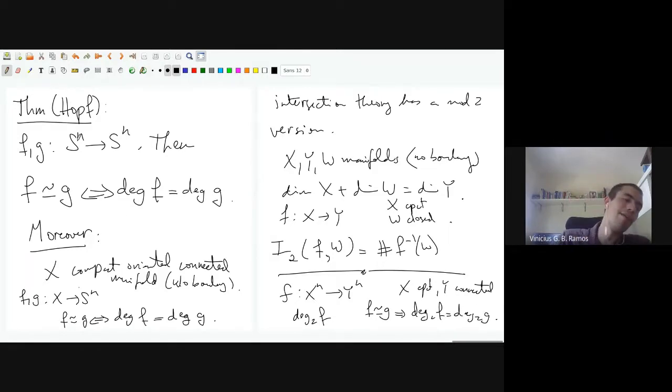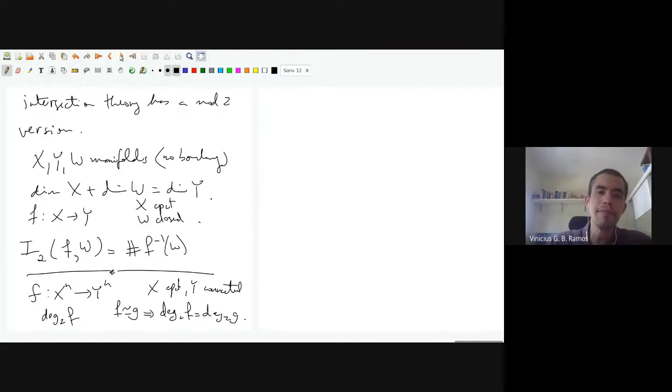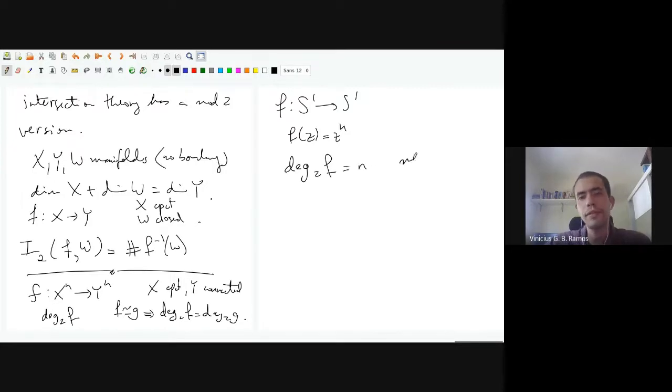But there is no way that you can have anything like the Hopf theorem, even for spheres. To see that, just take the function from S^1 to S^1, f of z equals z to the n. The degree mod 2 here is just n mod 2, which will just tell you if n is even or odd.